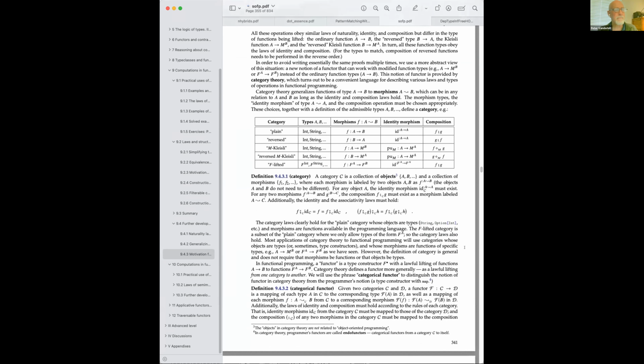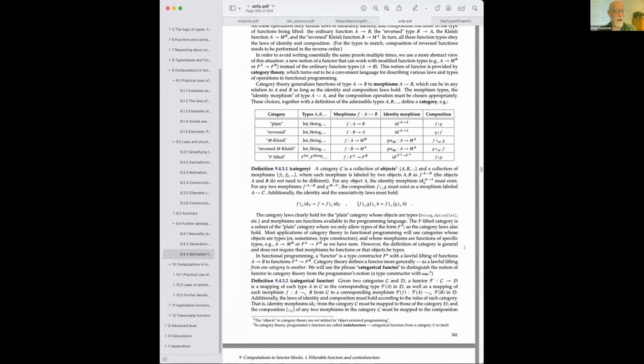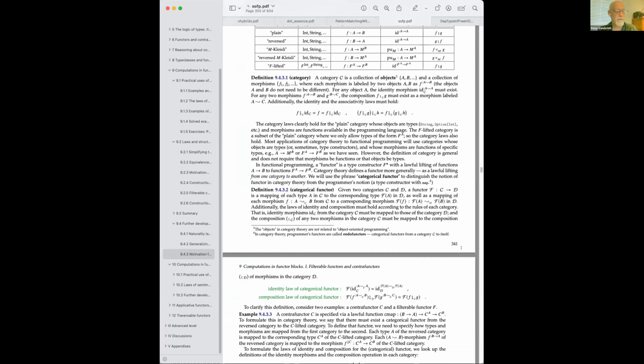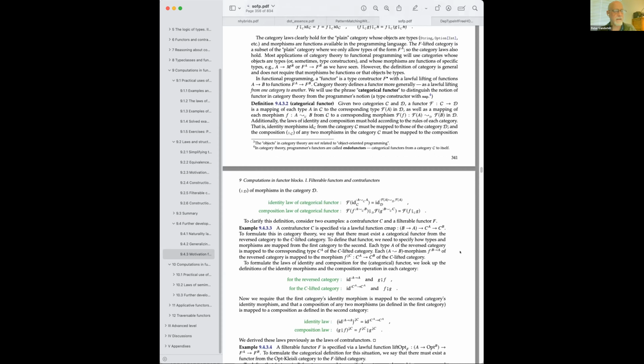Right. And I guess partially it's about showing that the laws you get through category theory are equivalent to the laws that he gave for filterable at the beginning of this section.